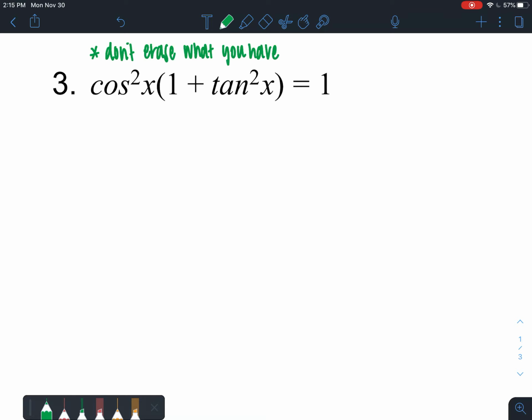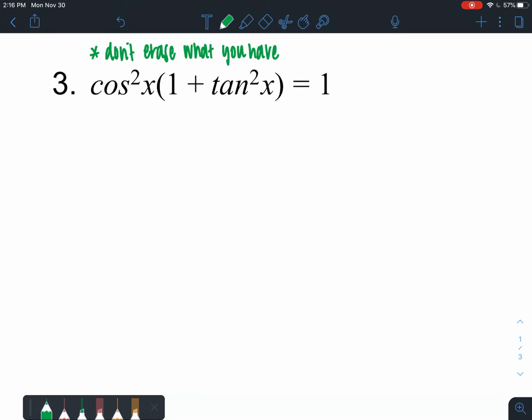It's not wrong, it's just different. If you didn't do anything quote unquote illegal, then your work is correct. If you have something different, I am happy to check that work for you. Okay? So I'm going to solve this the easiest way, the one with the least amount of steps. That's the one I'm going to show you.